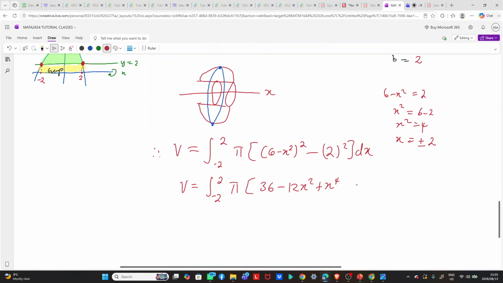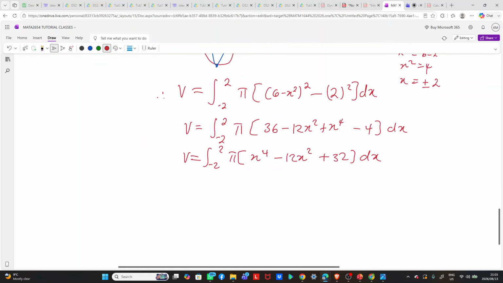Then this guy will give us minus 4, dx. Then 36 minus 4 will end up having the integral from -2 to 2 of pi times x to the 4 minus 12x squared, then plus 32 dx.